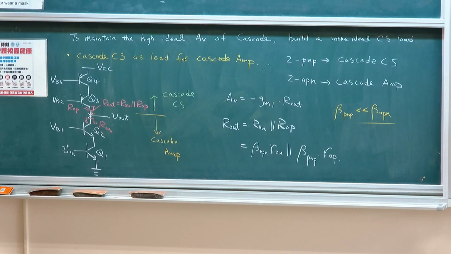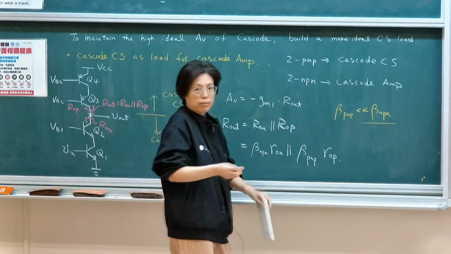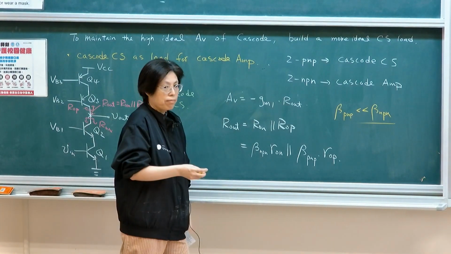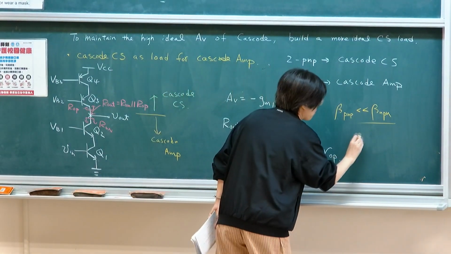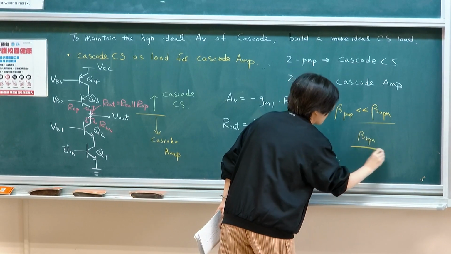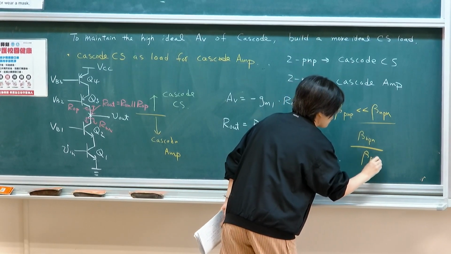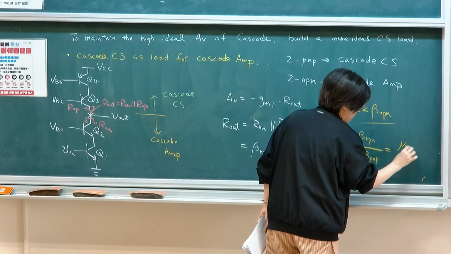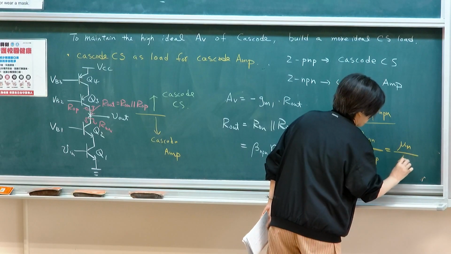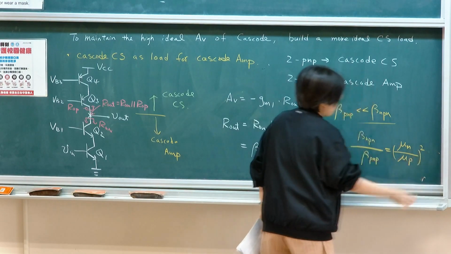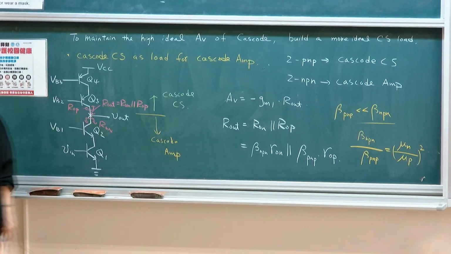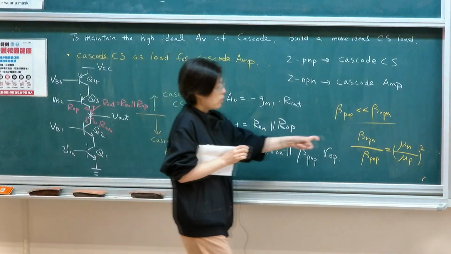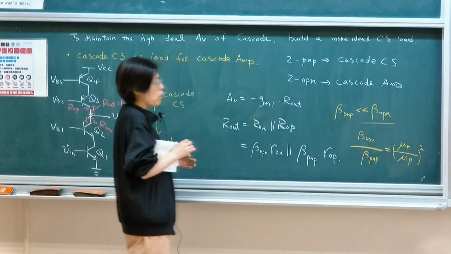If we're making the transistor size identical, doping identical, what is the ratio? The ratio is determined by, if the size and doping are the same, doping level is the same. So let's say if you have a mobility ratio of maybe 3, that will be a 9-fold difference, right? Because its beta is much, much lower.